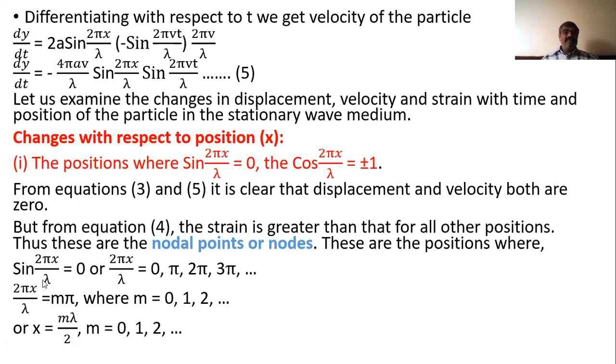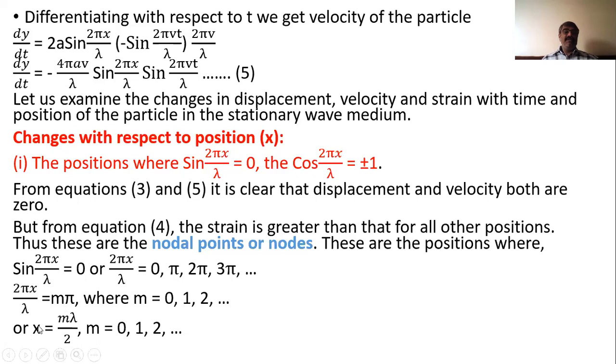So we have to equate 2 pi x by lambda, the angle of sine, with m pi, and here you will find that x equals m lambda by 2, where m equals 0, 1, 2, 3, and so on.